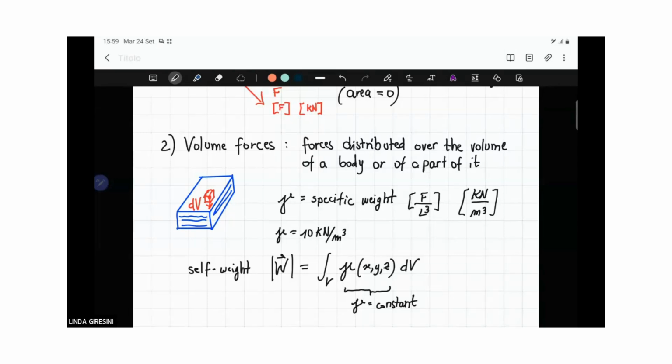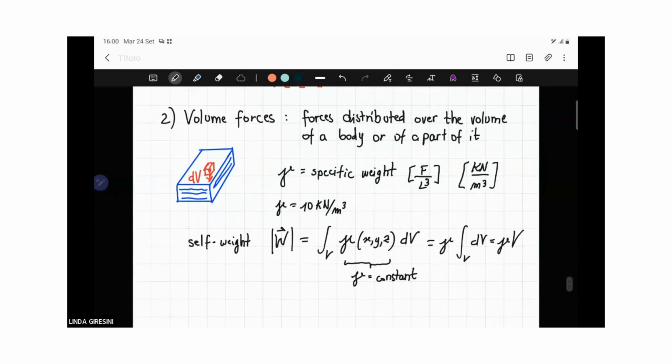But let's assume that it's the same for all the book. Then it's constant, so we can put it out of the integral sign. So we can say that it is gamma times the integral over the volume of dV. But the integral over the volume of dV is simply the volume of the book. So volume. Is that clear?